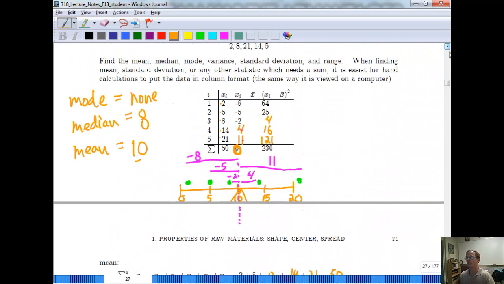Let me show you. Let's just do an xi squared column. Well, xi squared turns out to be 4, 25, 8 squared is 64, 14 squared is 196, and then 21 squared is, I believe, 441. When I take the sum of those, I get 730.